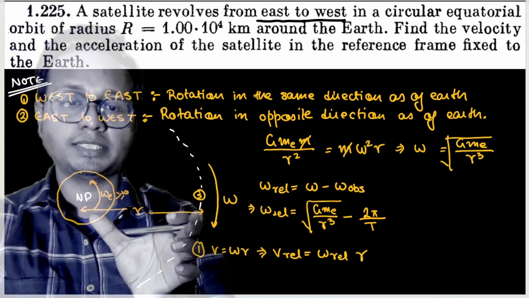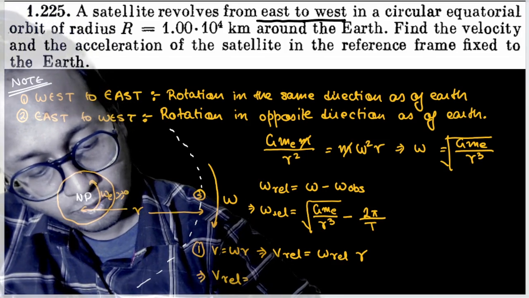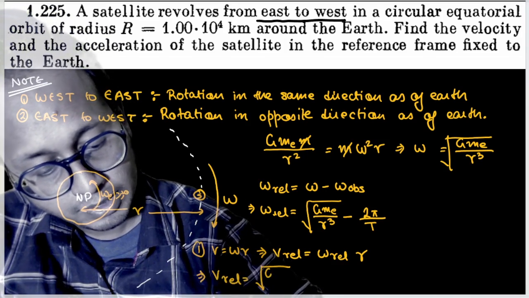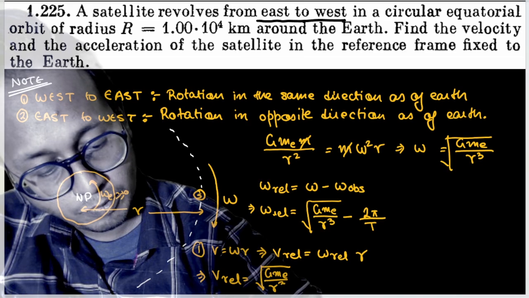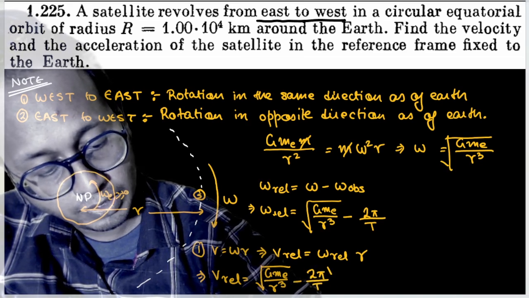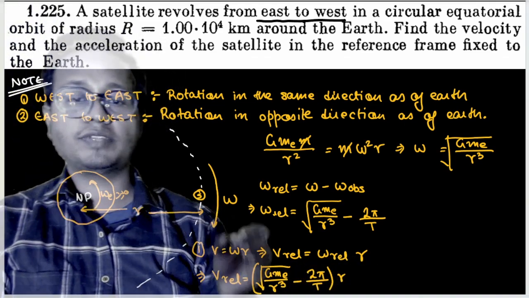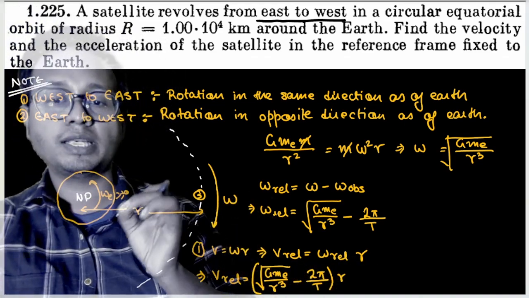So v relative is G mass of Earth divided by r cube, minus 2 pi divided by time period of Earth, the angular velocity of the observer, into r. This is the relative velocity of the satellite as seen by someone on the equator.